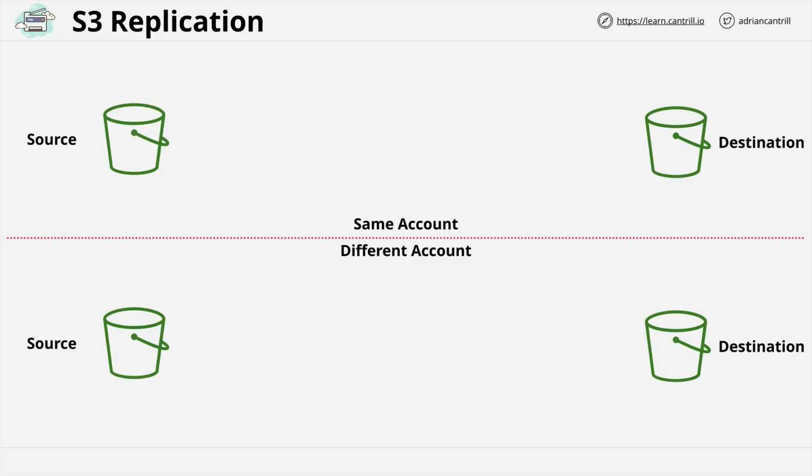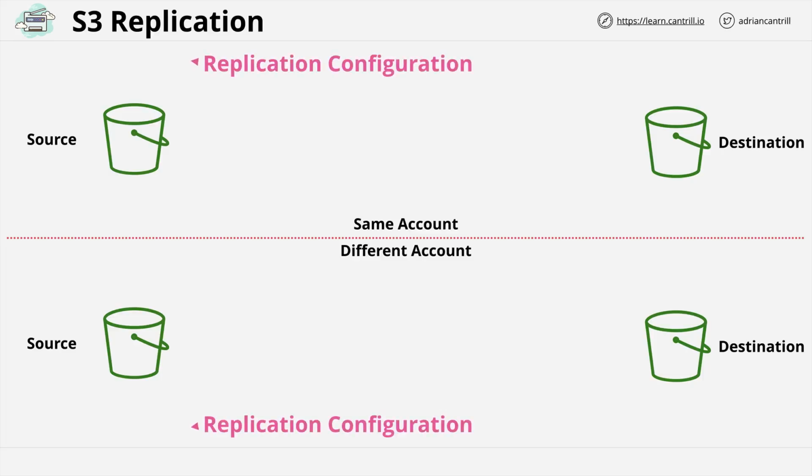In both cases, a replication configuration is applied to the source bucket. The replication configuration configures S3 to replicate from this source bucket to a destination bucket, and it specifies a few important things. The first is logically the destination bucket to use as part of that replication.